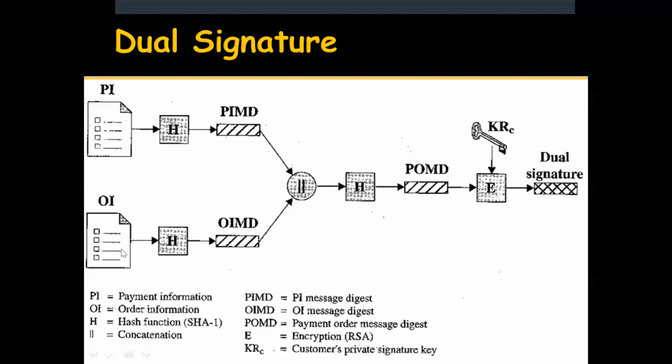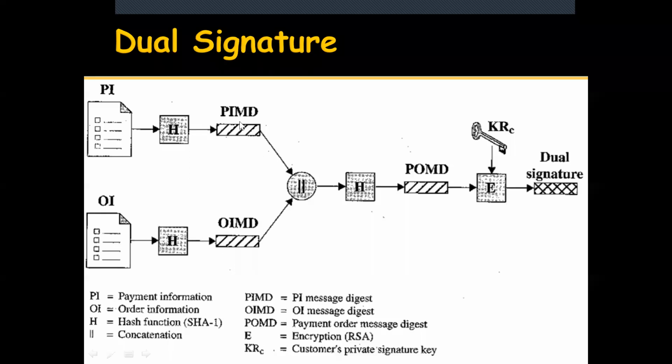Now the payment information is hashed and a hash code is generated, which we call the PIMD, the payment information message digest. The order information is also hashed using the SHA-1 algorithm, and a hash code is generated for the OI.